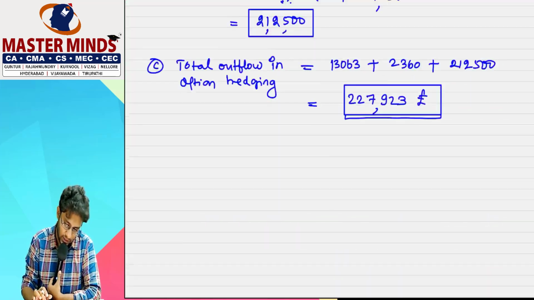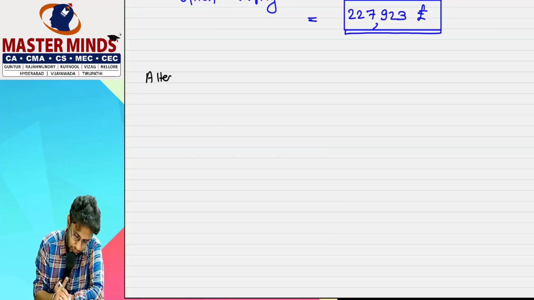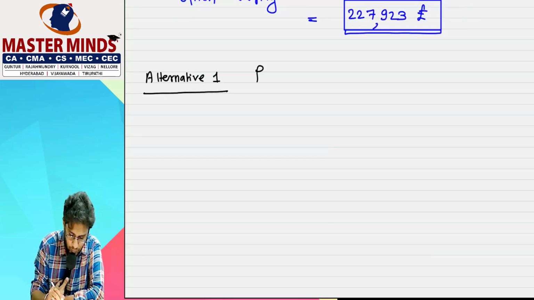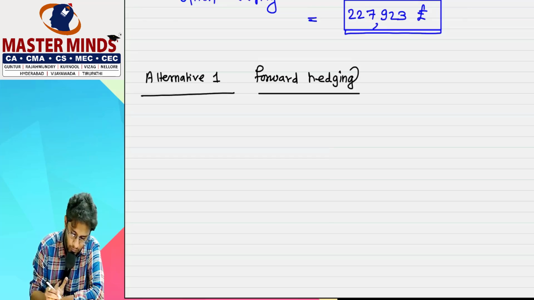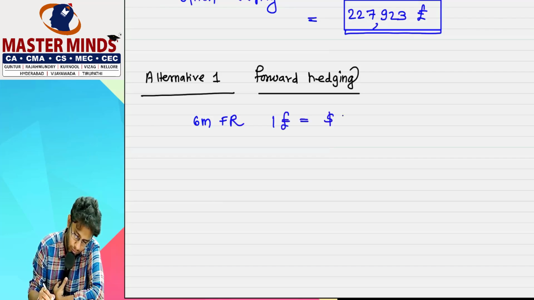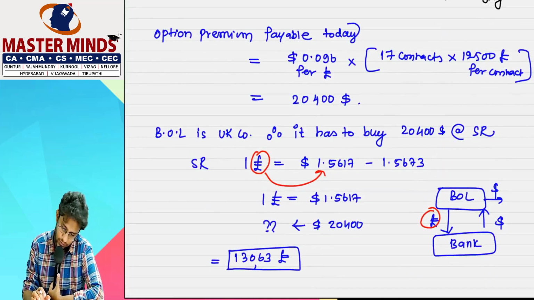Sure. Next, alternative 1. 3 is over, alternative 1. Some rate 5617, huh?